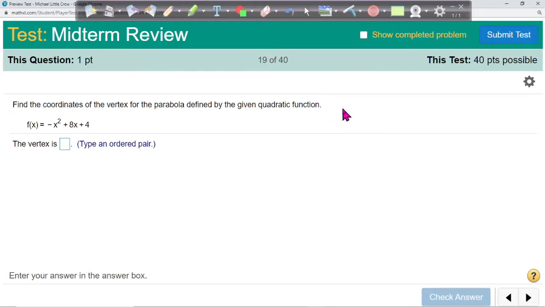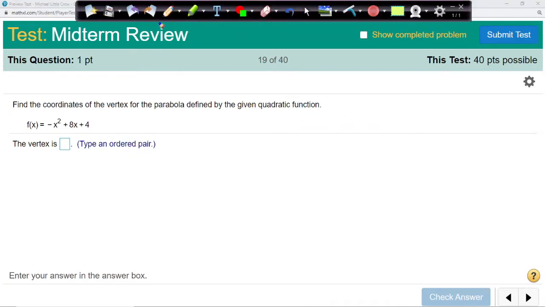Okay, find the coordinates of the vertex of the parabola defined by the given quadratic function. Now again, I'll show you 2 ways to do this. The coordinates are an x and a y. It says type an ordered pair, so make sure we do that correctly.